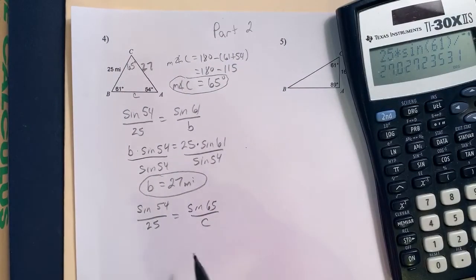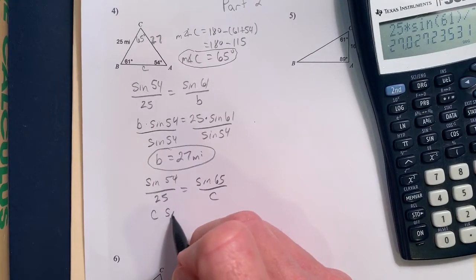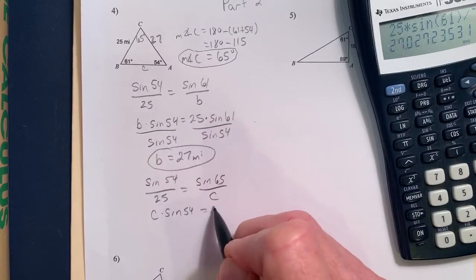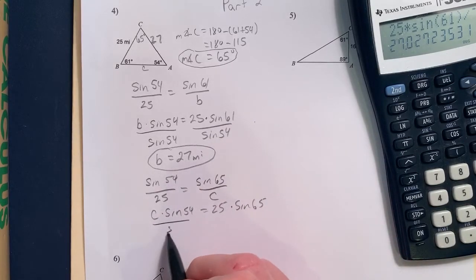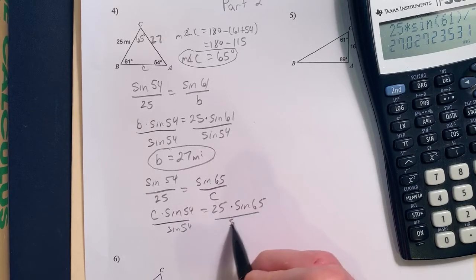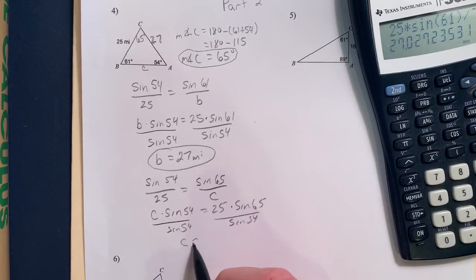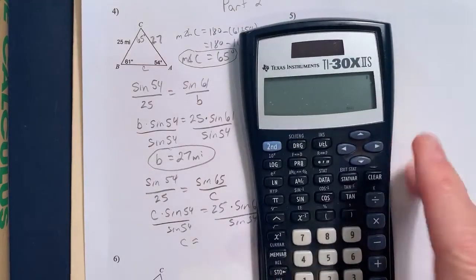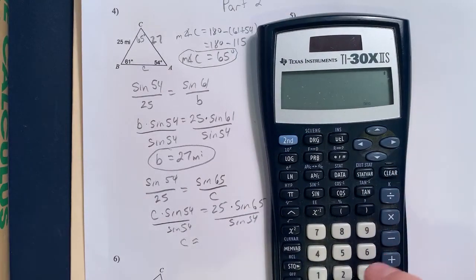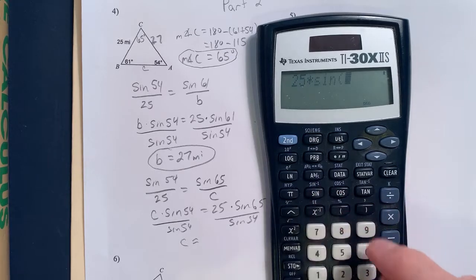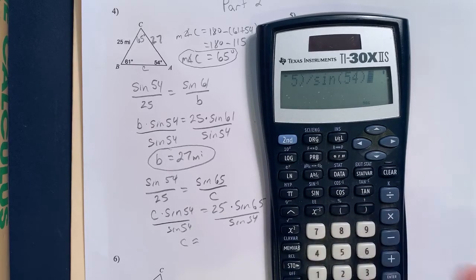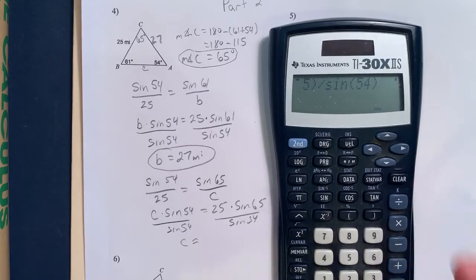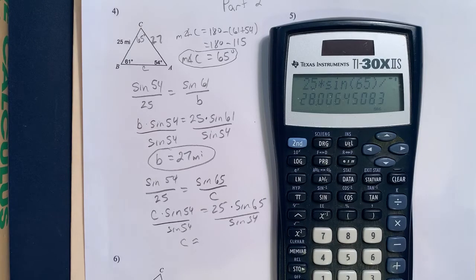Do that same work here. C times sine of 54 equals 25 times sine of 65. Divide both sides by sine of 54. I just got to enter that in. 25 times sine of 65, in parentheses, divided by sine of 54, in parentheses. That's 28.